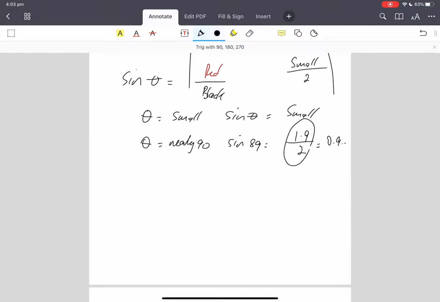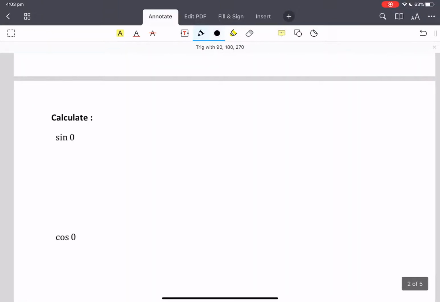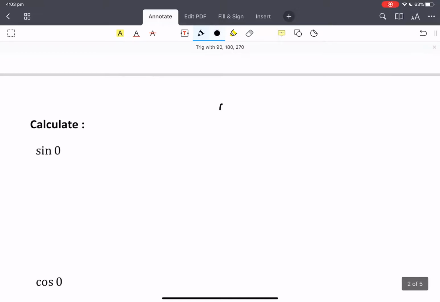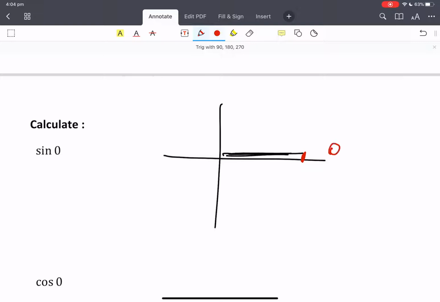Let's get to an exact one, sine 0. Here I'm going to draw my terminal ray, and I want to draw my red vertical line. Bearing in mind that black terminal ray is horizontal, how long do you think that red line is? I reckon it's 0 long, because it doesn't go up at all.